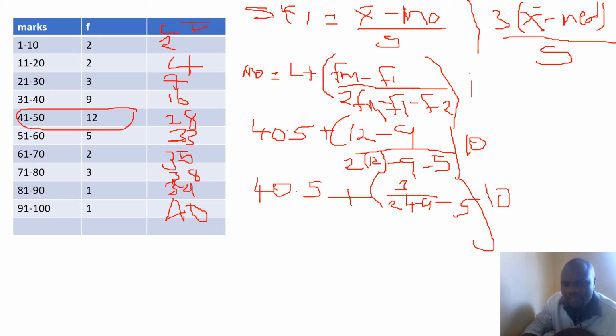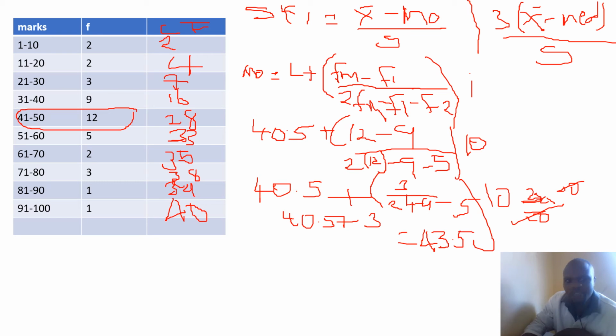You realize it's supposed to be 40.5 added to 3 over 10 multiplied by 10, and then we can cancel this 10 to be left with the 3. So our mode becomes 43.5. That's our mode. You can see it lies in between 41 to 50.